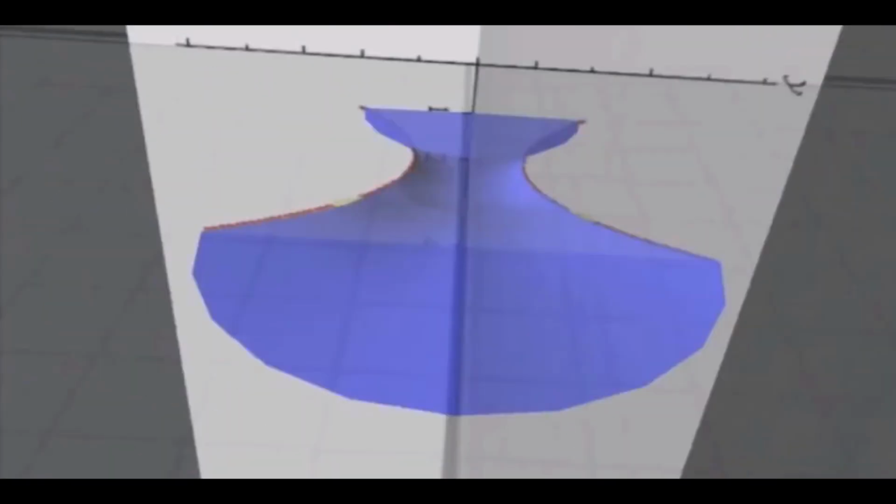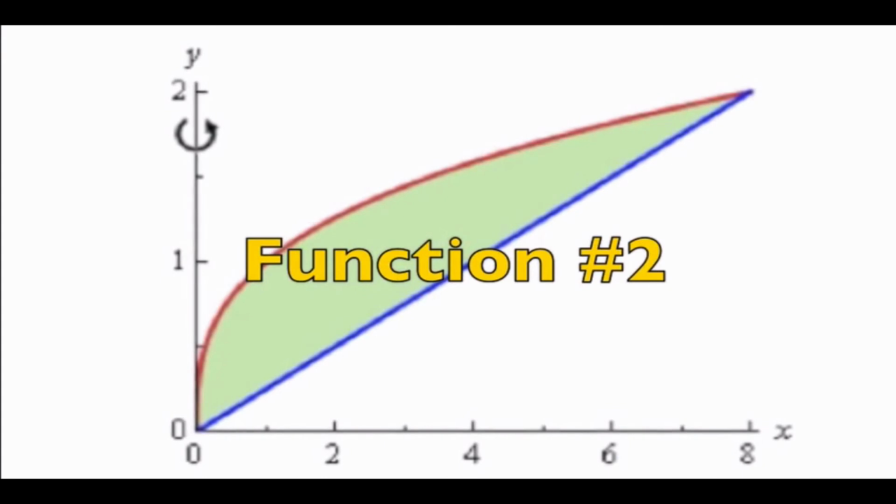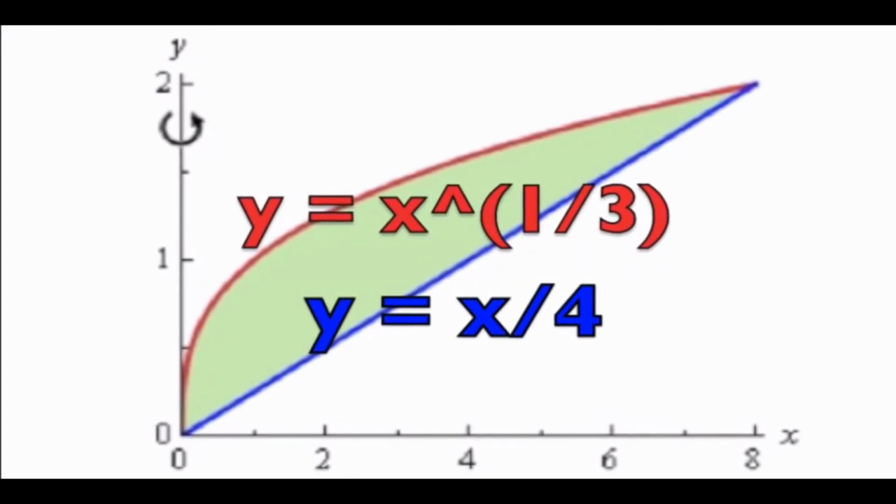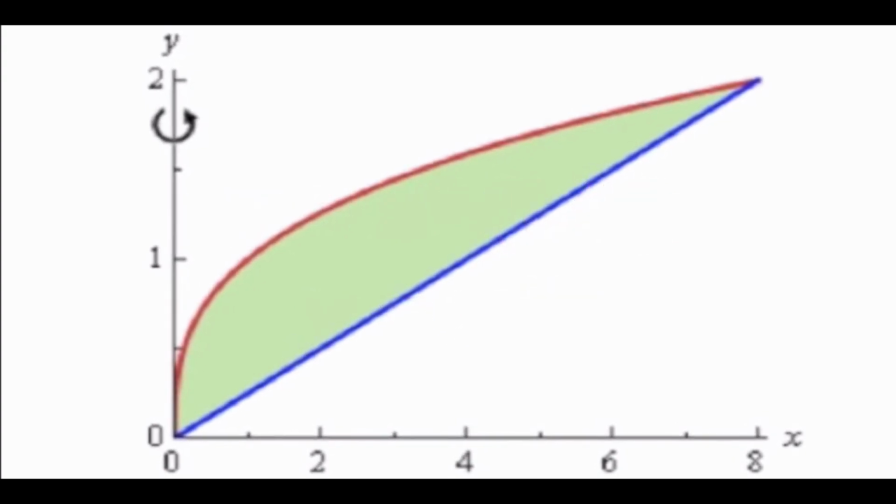So now there's two functions. You're trying to bracket the area in between first, and she's revolving this one around the y-axis.